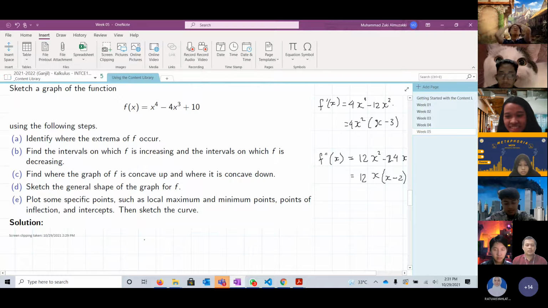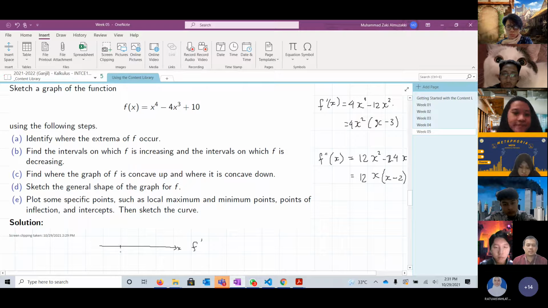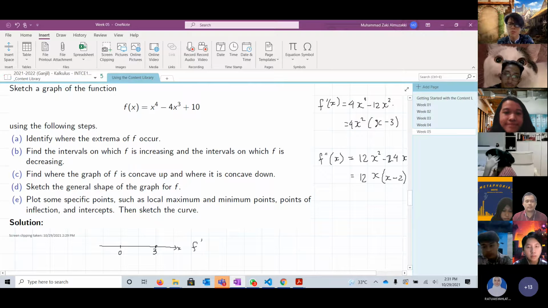So from this, we look at f prime. We have zeros at 0 and 3, and from this we want to find the extremum.